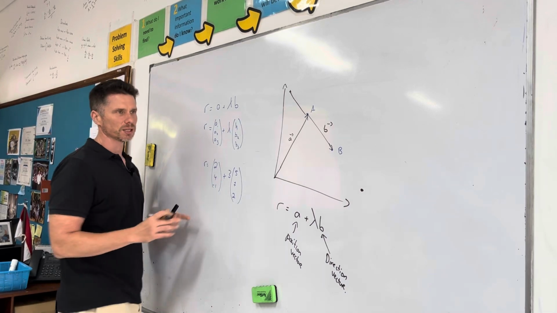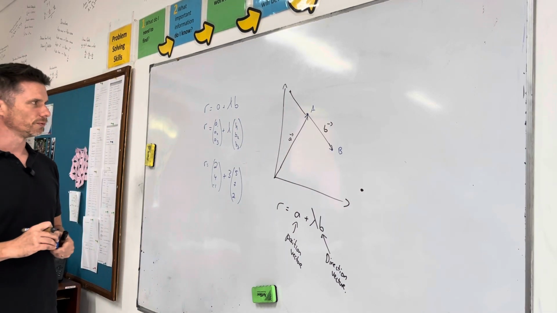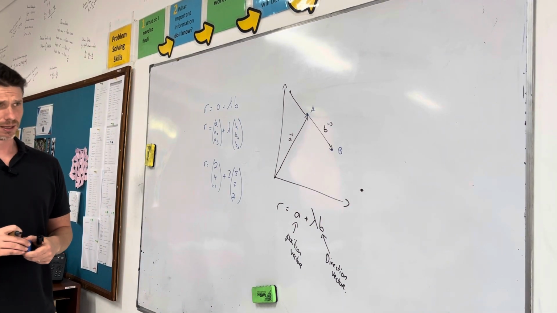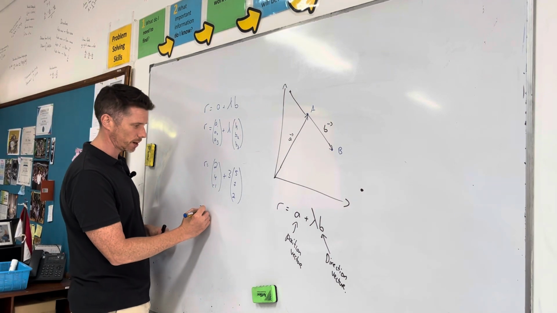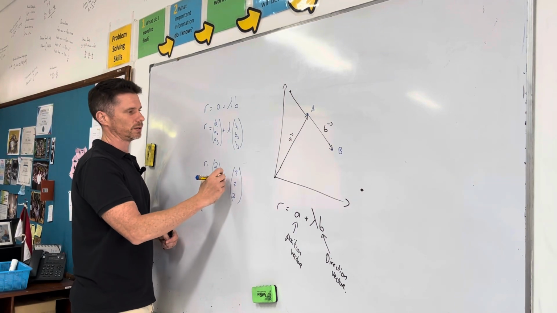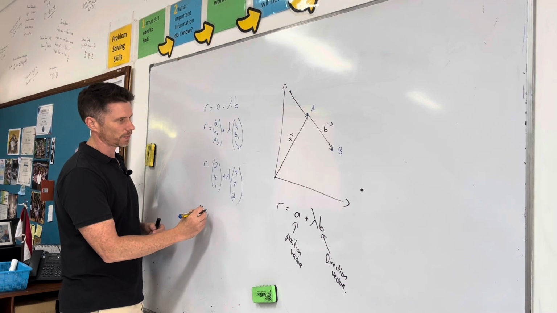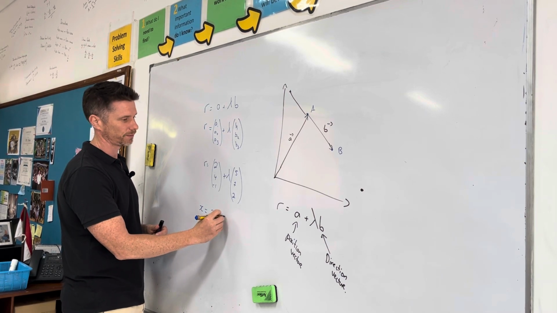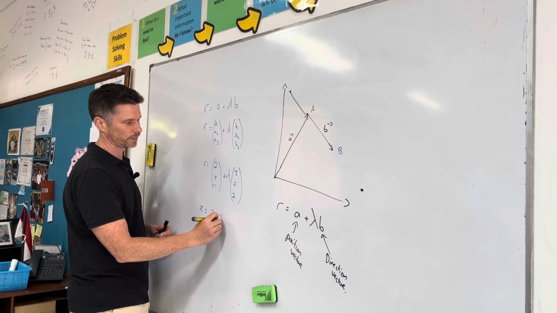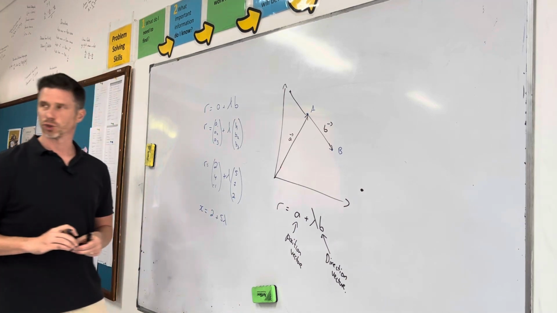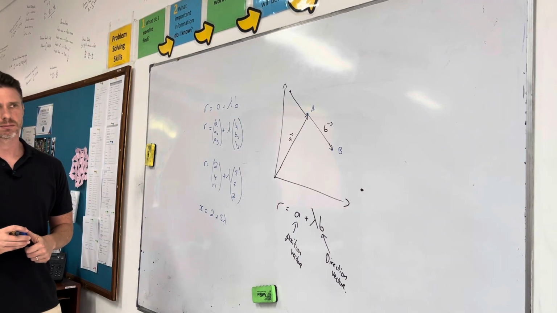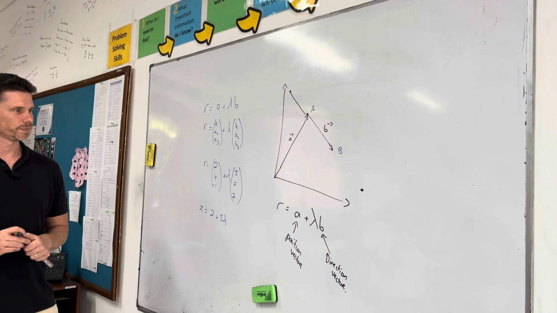We can split this up into a number of parameters. Looking just at the x parameter, keeping lambda, x would be 2 plus 5 lambda, which is just looking at the x axis.